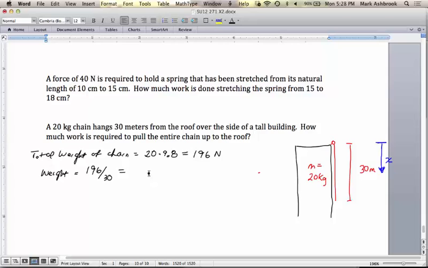What is that? Did you do that? It is 6.53. 6.53?